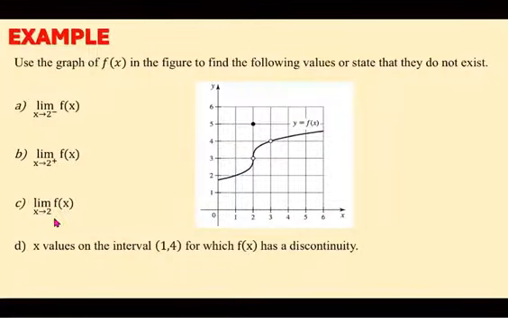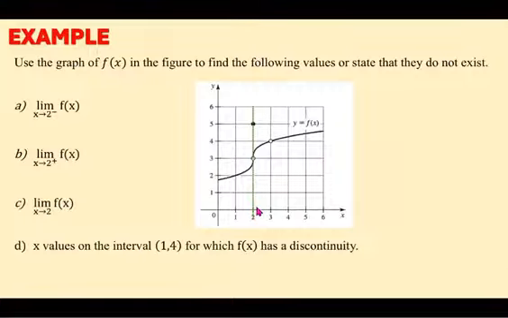So here we are looking at x equal to 2. I'm going to draw a line at 2, so it will make it easy to understand what is going on there. So there's my vertical line at x equal to 2.